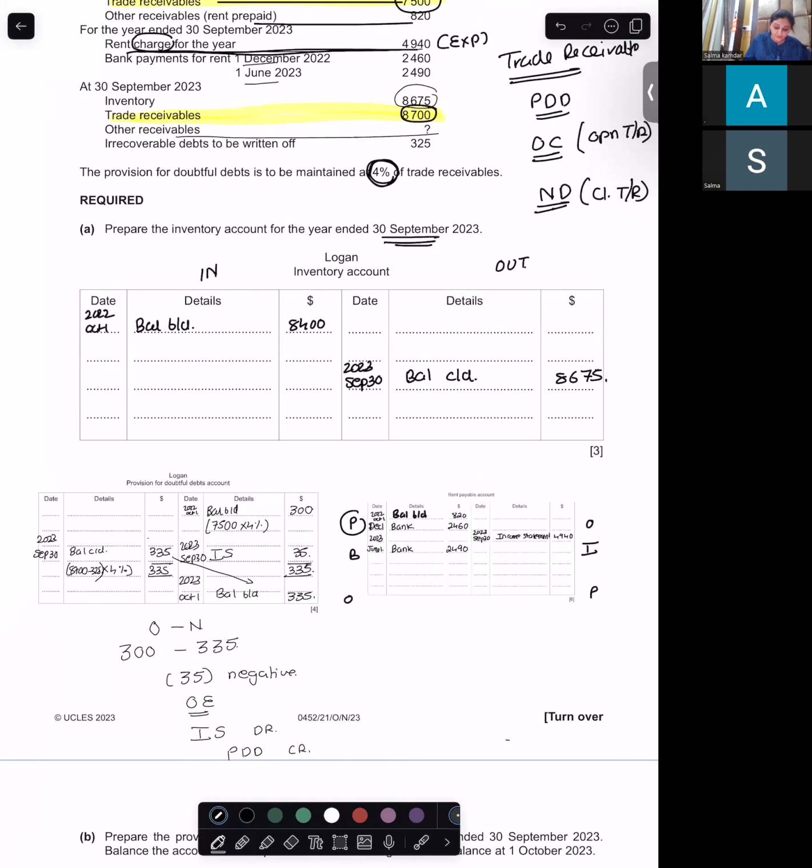You have to find the closing other receivables. Is there anything in the inventory? No. So you have opening inventory and closing inventory.